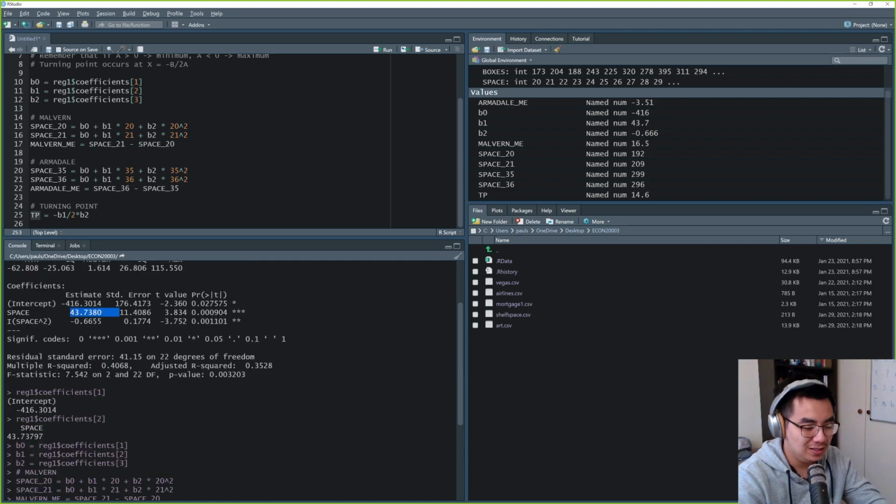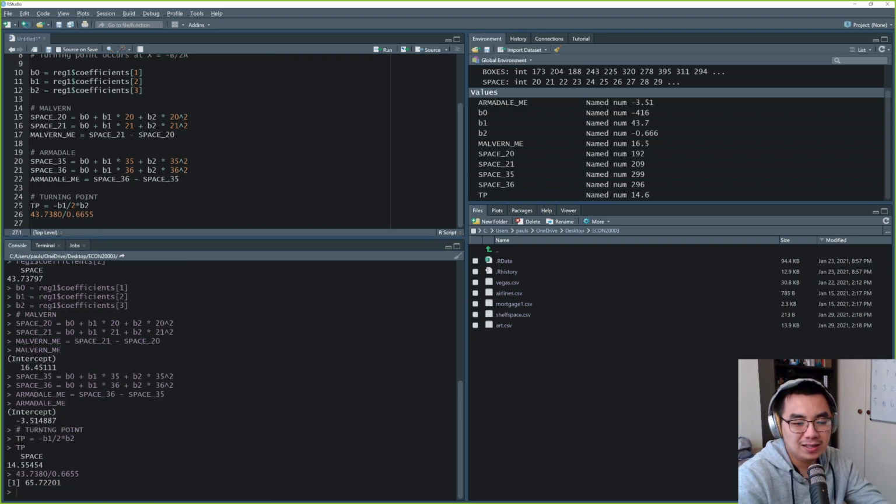Because if I were to do this, divided by, I'll take the negative out, so it cancels the negative on top. Whoops, 2 times this.